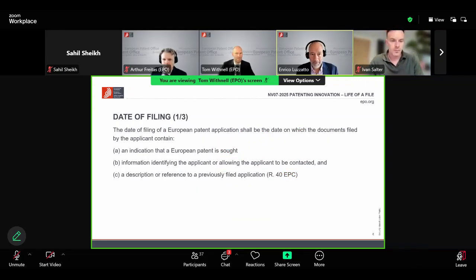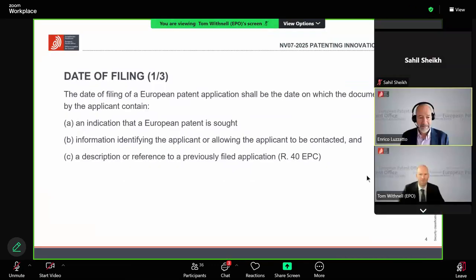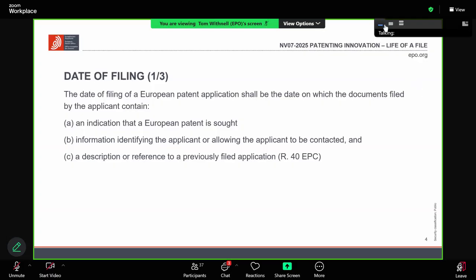Date of filing is the date on which you file the patent application. That's clear. The name is self-explanatory. However, what do you need to receive an official filing date? You need to file at the APO an indication that you wish to have a patent granted, information identifying the applicant and allowing the applicant to be contacted, and a description or a reference to a previously filed application.